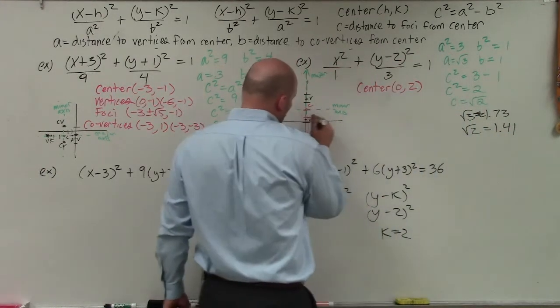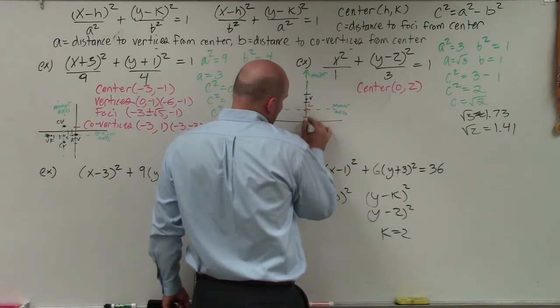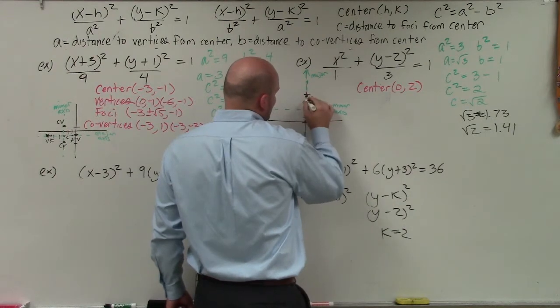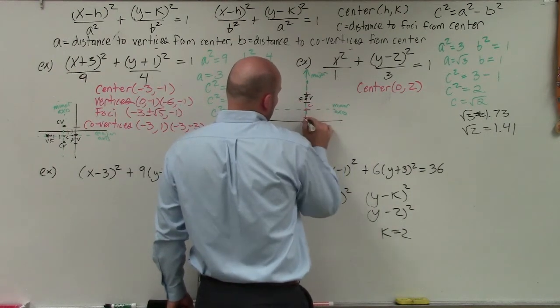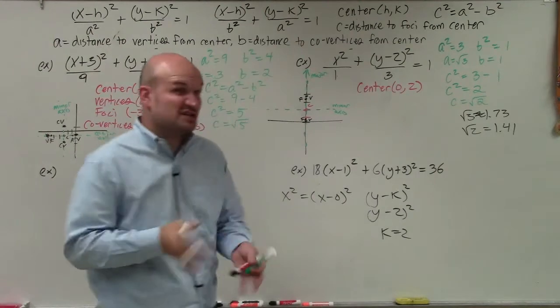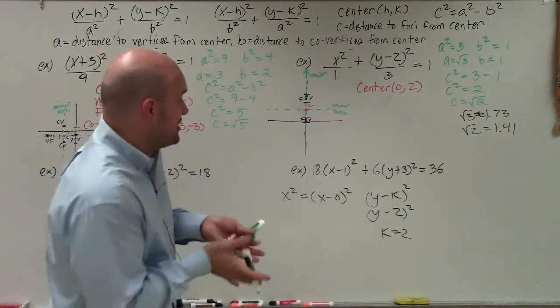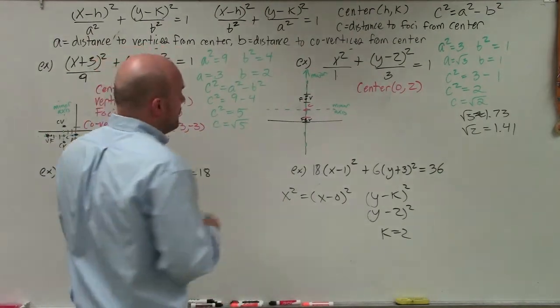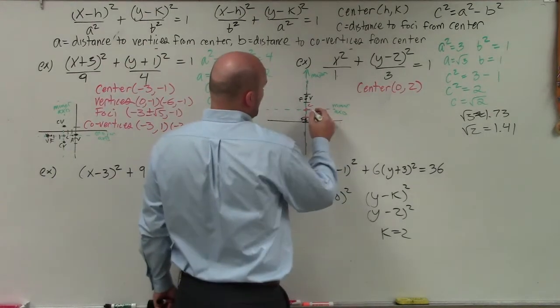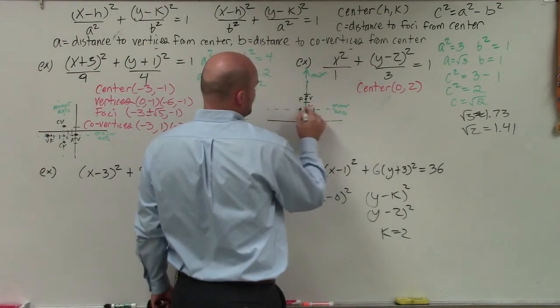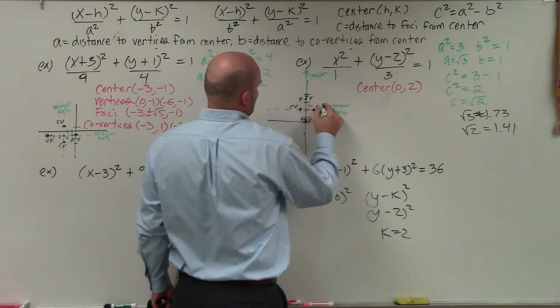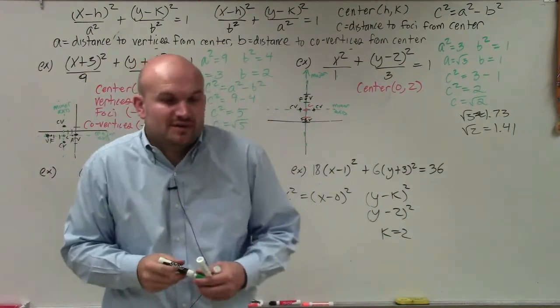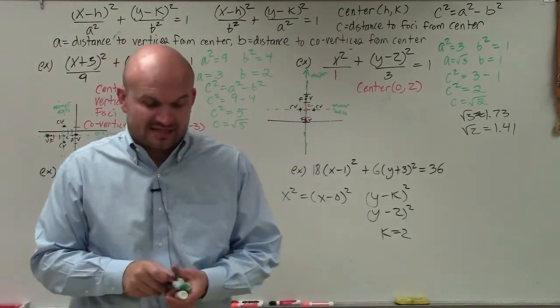Now, these aren't really that important because I'm not asking you to graph. But hopefully you realize that the foci and the vertices are really close to each other, between 1 and 2. Whereas my co-vertices are a distance of 1, going left and right. But the main purpose of this video is to find the co-vertices, foci, and center.